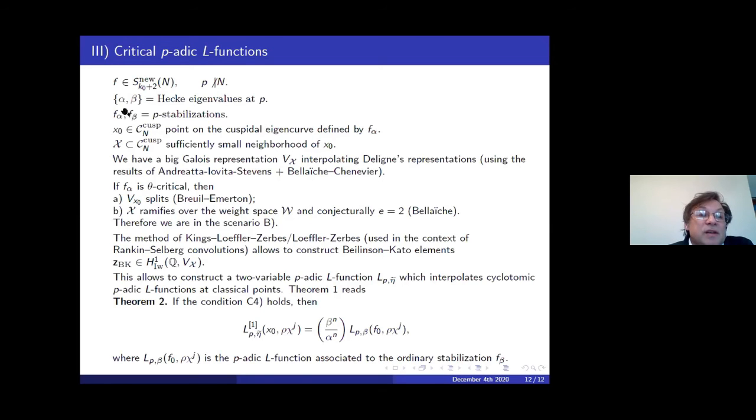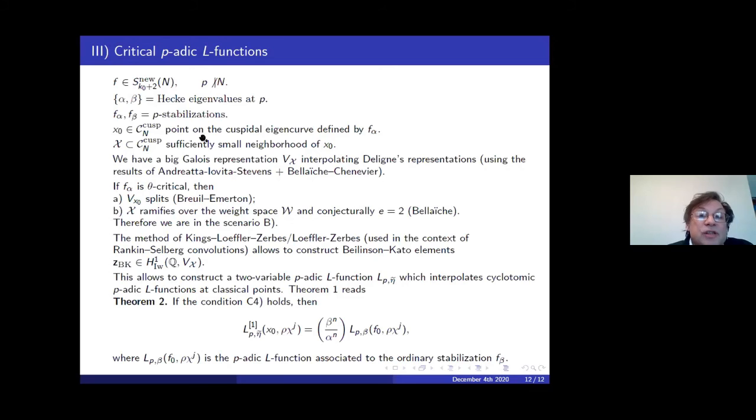We stabilize F with respect to two eigenvalues, alpha and beta, of Frobenius at p. Consider the stabilization, say F alpha, and consider the point x0 on the cuspidal eigencurve which corresponds to the stabilization F alpha.